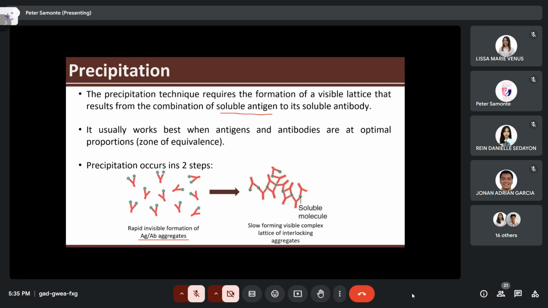So sa precipitation, ang first step is that your antigen would attach to your antibodies or your antibodies would attach to the antigen. Then the next one would be the lattice formation. Mag-interlock class. Mag-a-attach yung antigen-antibody aggregates with one another, forming this so-called interlocking aggregates. So nag-combine siya class yung mga antigens and antibodies nyo together.